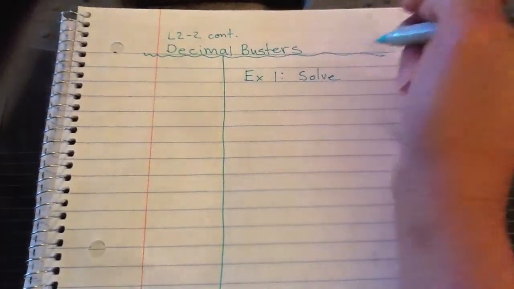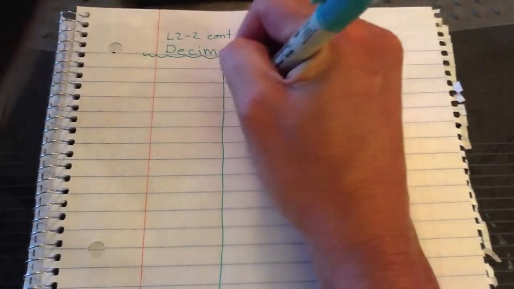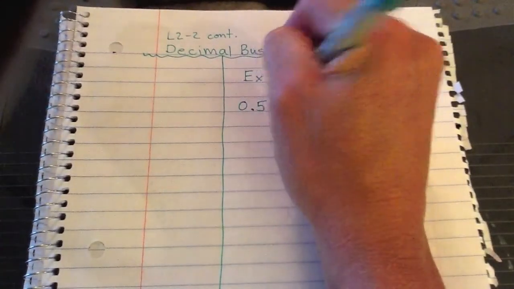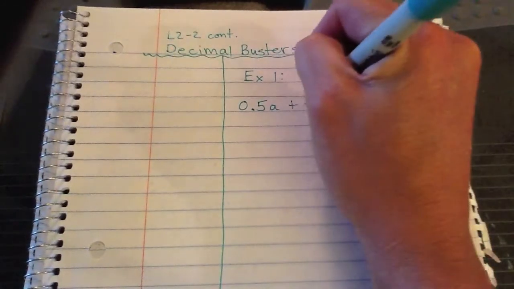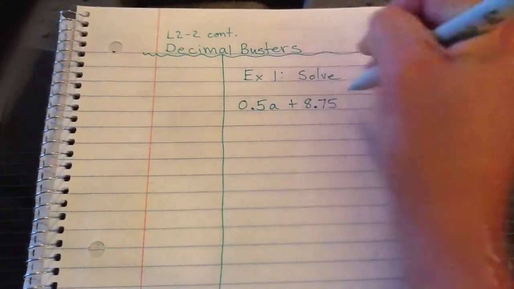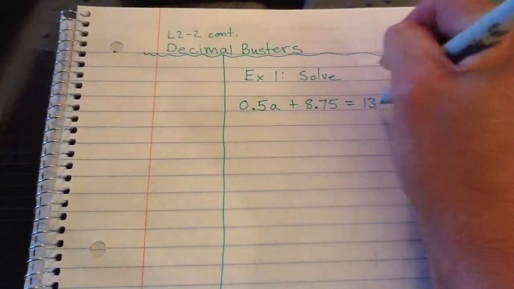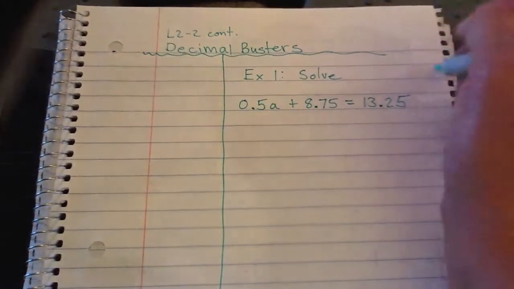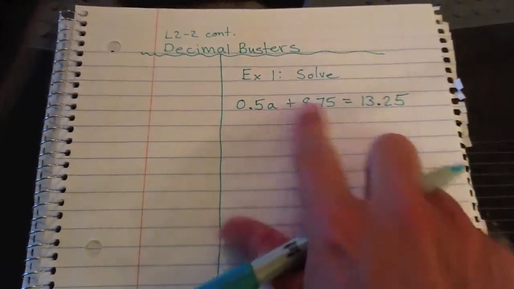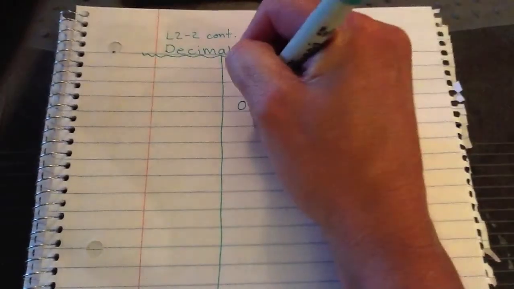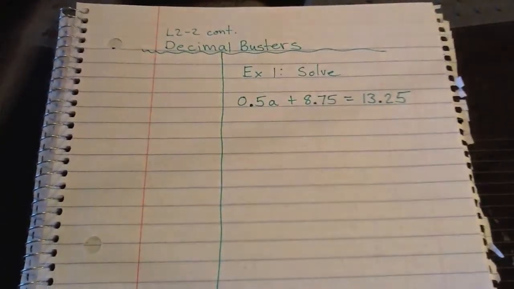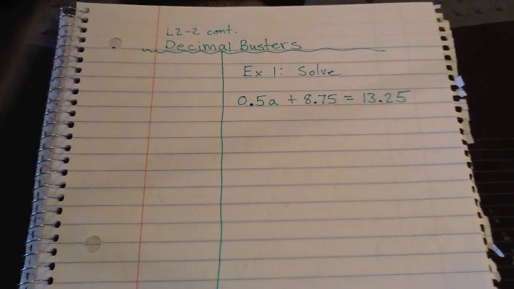I come across an equation that says solve 0.5a plus 8.75 equals 13.25. Now, notice when I wrote this out, my decimals are very distinct as decimals. Make sure you're very careful about that. It's really easy to confuse things if you aren't.